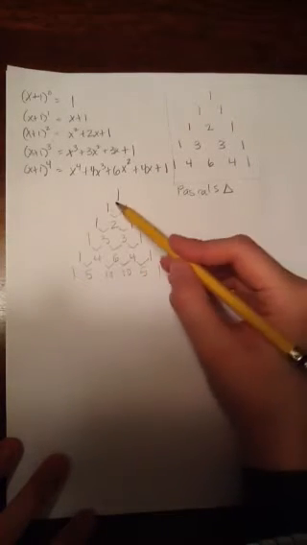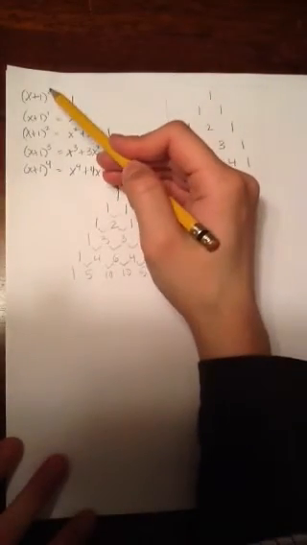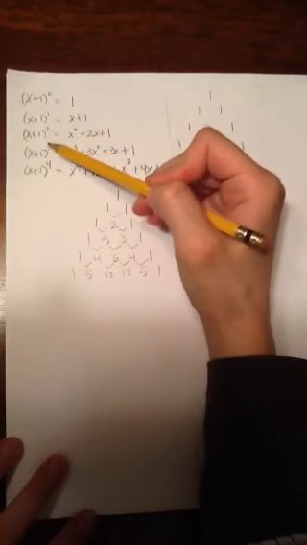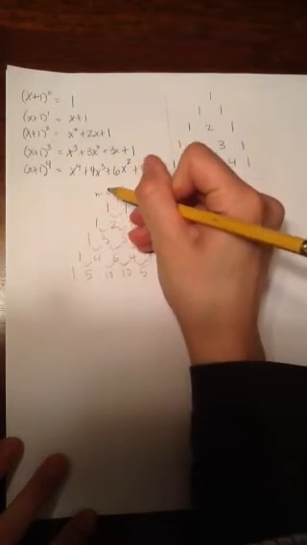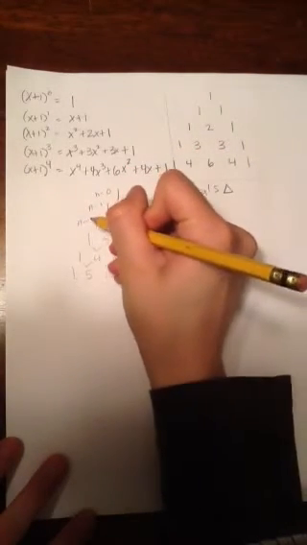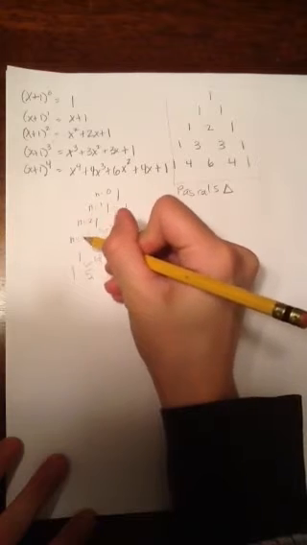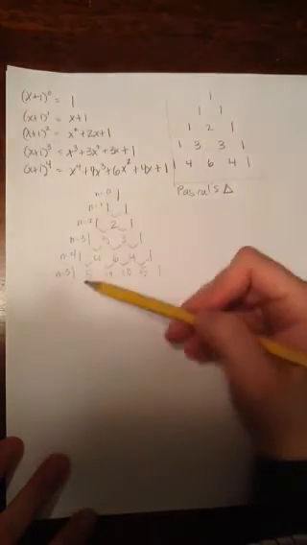Okay. Now in Pascal's triangle, we start counting. Notice our powers started with 0. So this row we count as row 0, this is row 1, this is row 2, row 3, row 4, row 5, and so on and so forth.